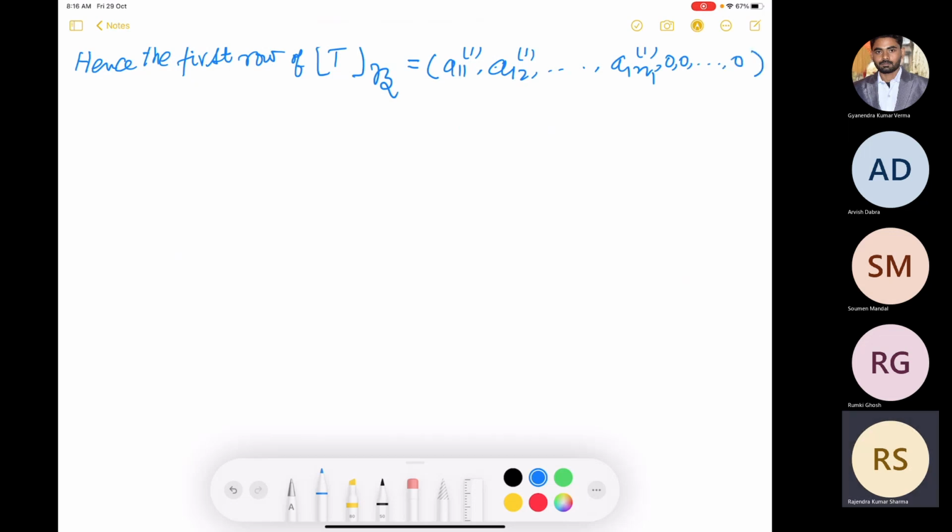How many entries are there? So this is 1 by n, and n is n1 plus n2 plus up to nk. The first n1 entries will be like this. The remaining will be 0.